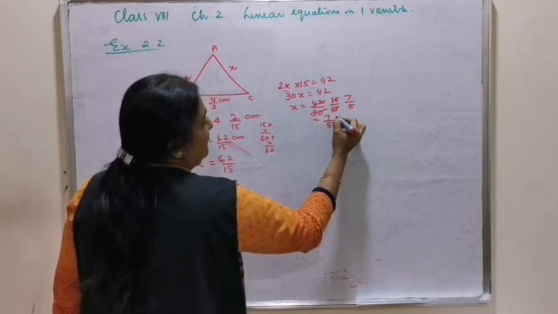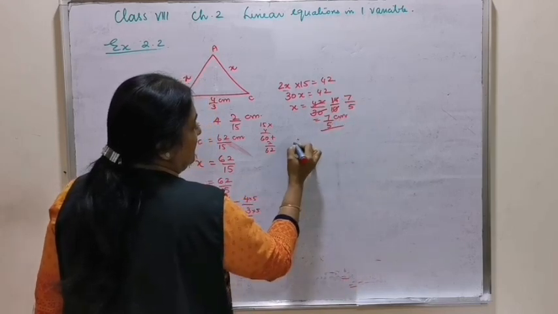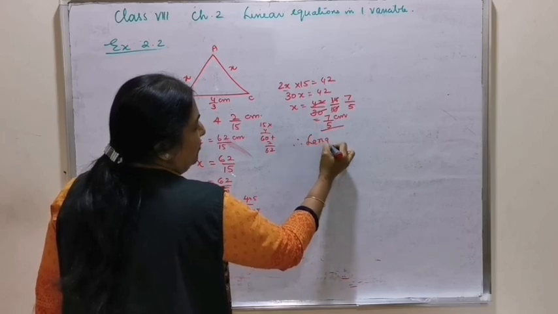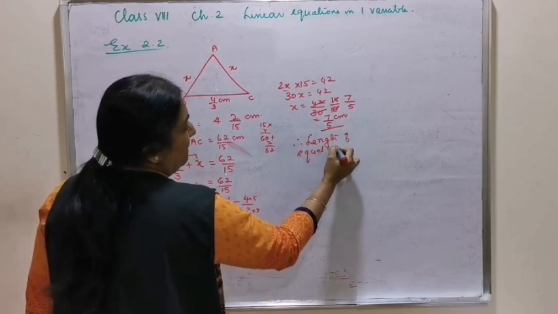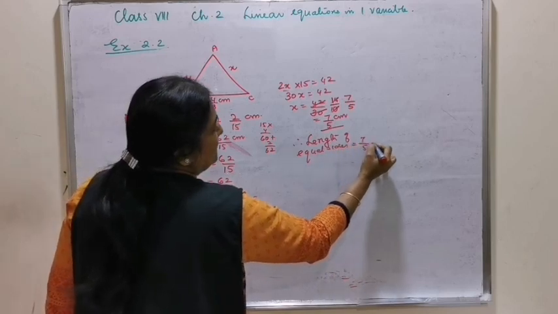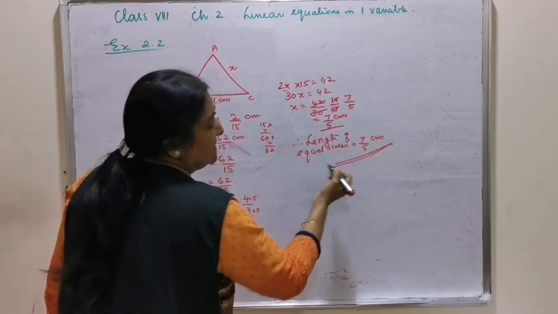That is 7 by 5 centimeter. Therefore, the length of the equal sides is 7 by 5 centimeter.